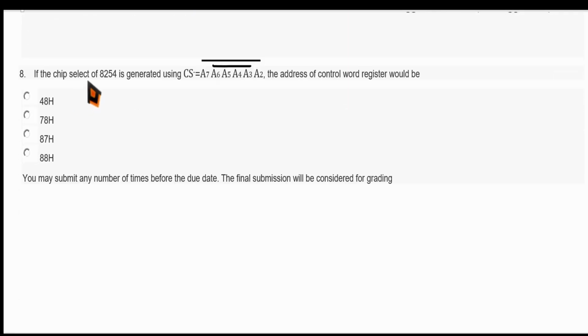If the chip select of 8254 is generated using chip select, the address of control word register should be, we have to find out the address of the control word. Actually, the address is given by two address lines, 00, 01, 10, 11. So 11 is for control register.